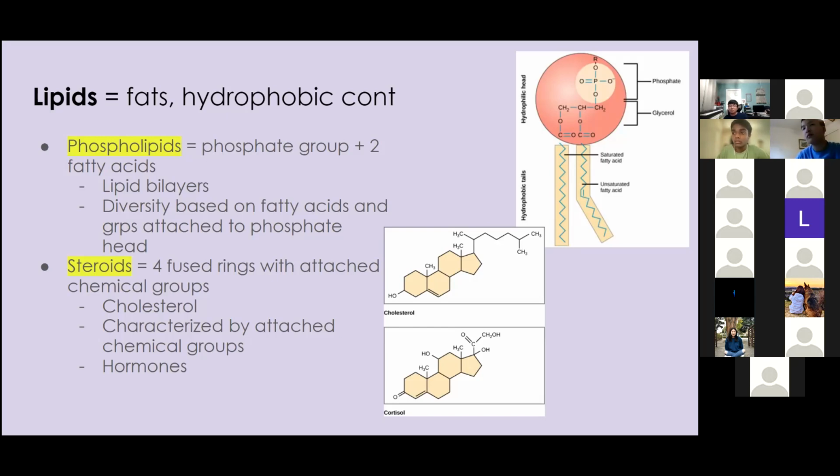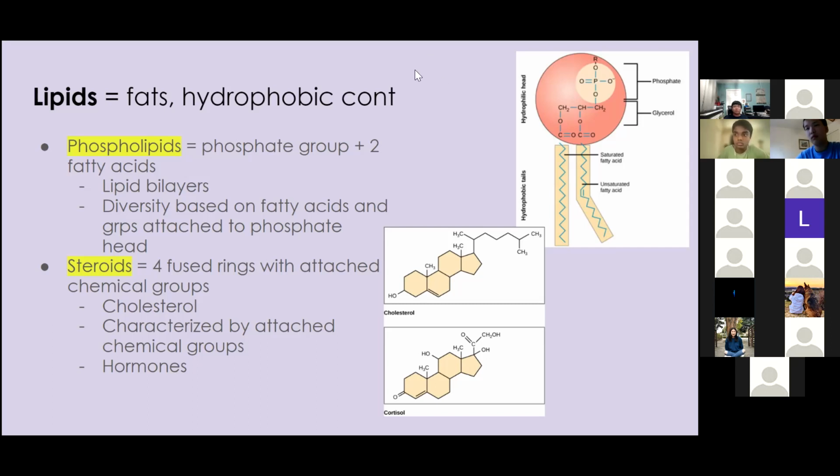So basically, in a phospholipid, there's a hydrophilic part and a hydrophobic part, and this molecule is what is used in soaps, because the hydrophilic part is water soluble and the hydrophobic part is not, so they can clean out the water and the dirt.